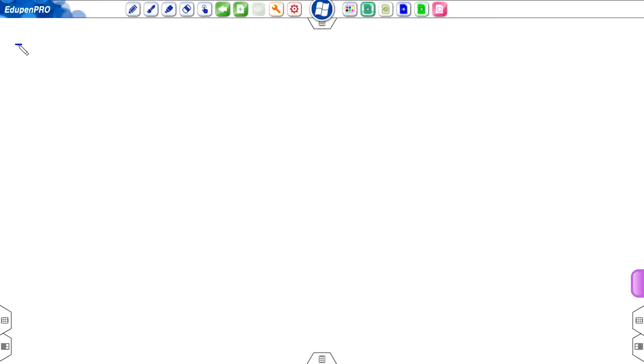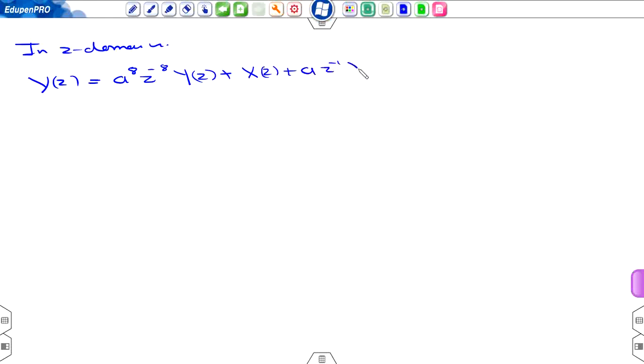So I can write in the Z domain, capital Y(z) will be equal to a^8 z^-8 Y(z) plus X(z) plus a z^-1 X(z) plus a^2 z^-2 X(z) till a^7 z^-7 X(z).